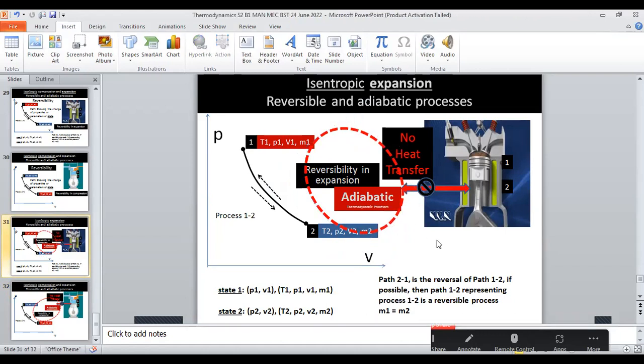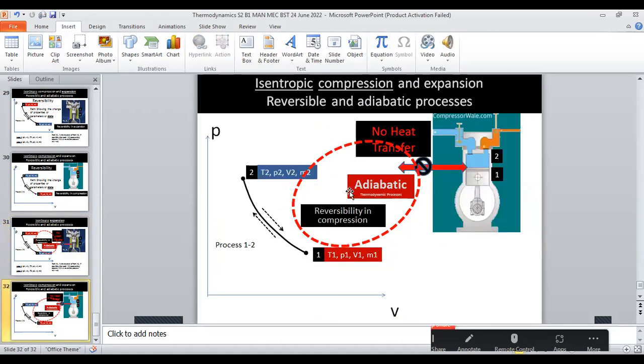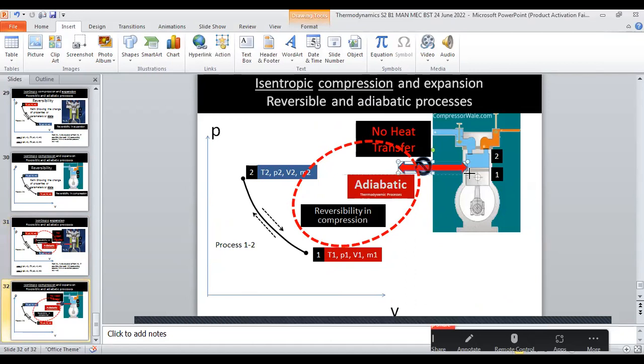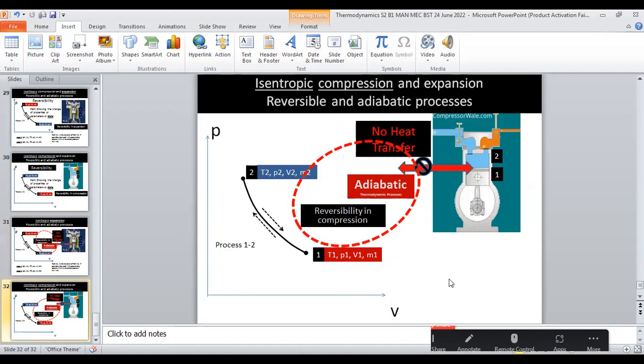Yes. So reversibility and adiabatic together is isentropic. So here it is very important to have not just imaginations, but some possibilities of affecting the reversibility, because friction affects the reversibility.